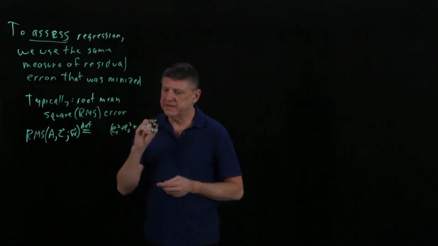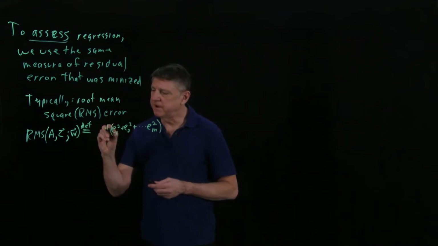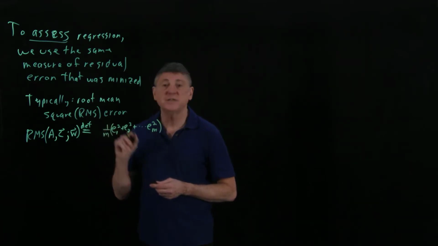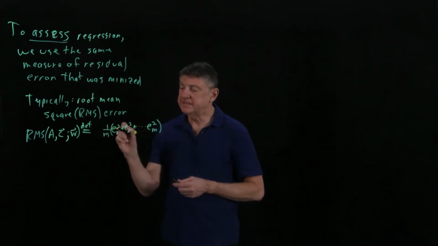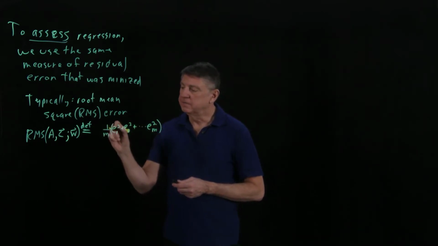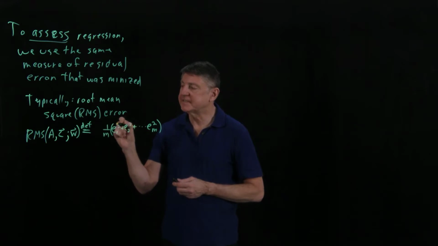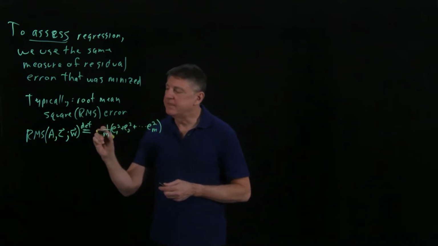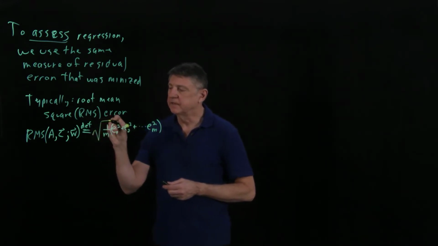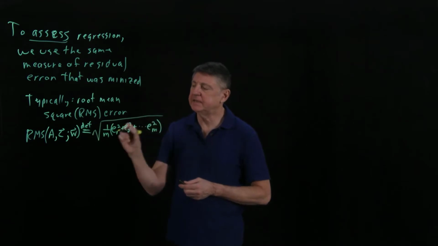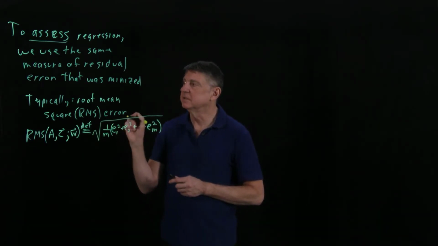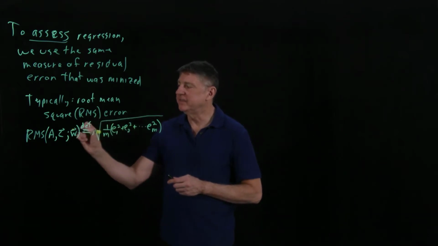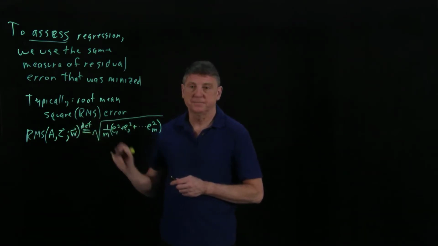And then we'll divide those by the number of observations that we have. So this is the squared error. Divide by the number of observations, that's the mean squared error. And then the root of that puts it back so that the errors are in the same measurement coordinates that the dependent values were in.